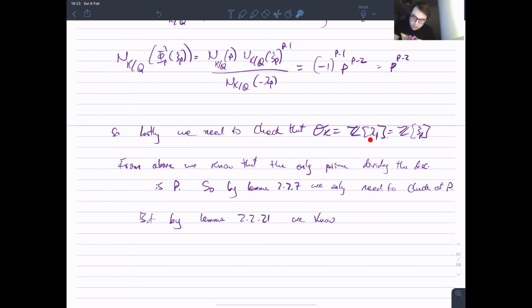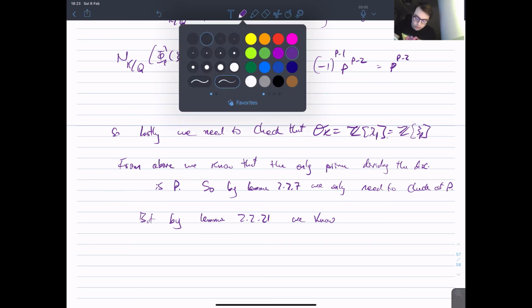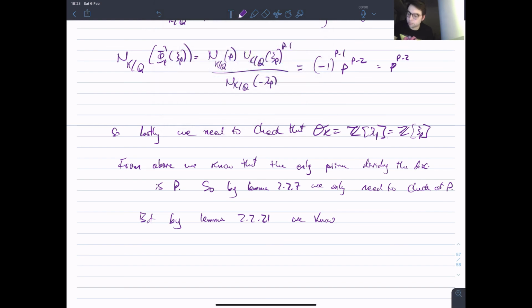So I'm applying all of this to this thing, and because it's Eisenstein at p, by lemma 2.2.21, we know that dividing by p won't give new integral elements.